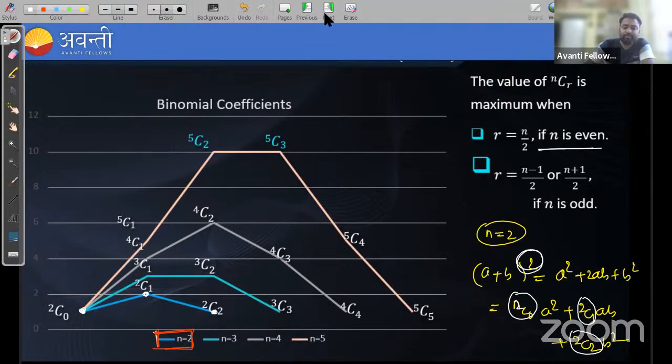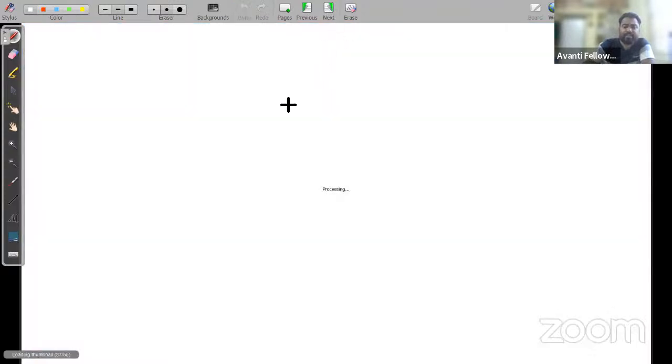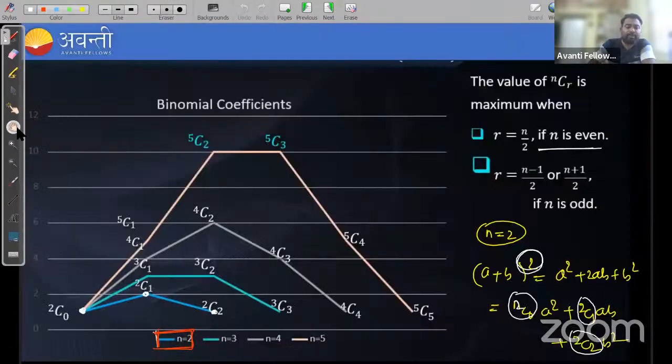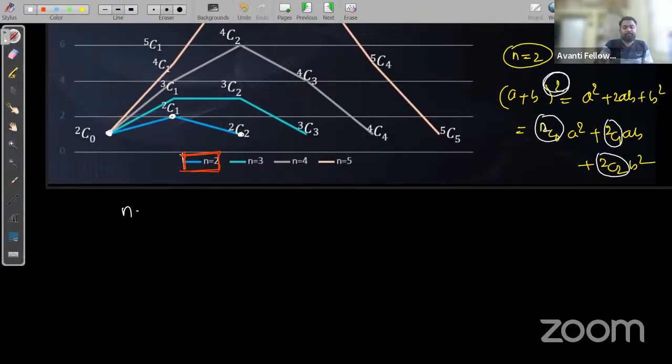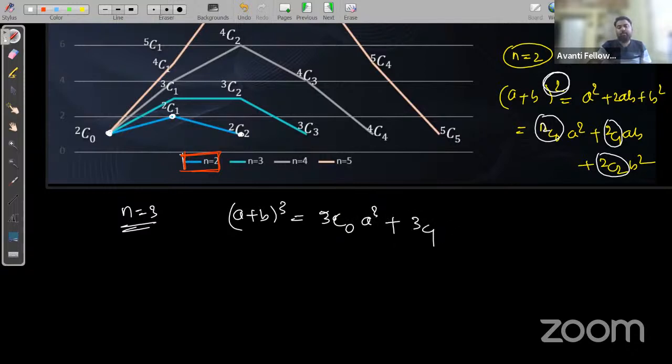Suppose we are taking n is equal to 3. If we take n is equal to 3, this will be a plus b whole cube, that is 3C0 a cube plus 3C1 a square b plus 3C2 a b square plus 3C3 b cube, right?